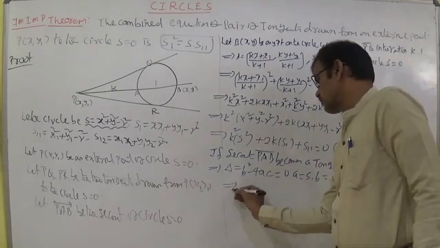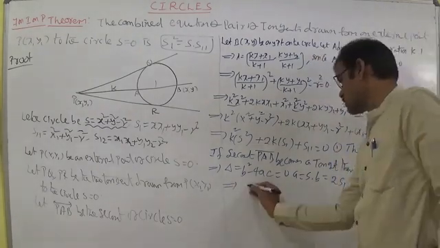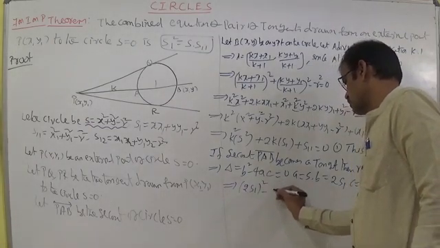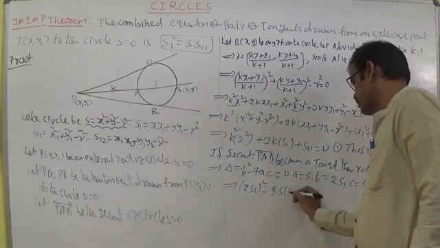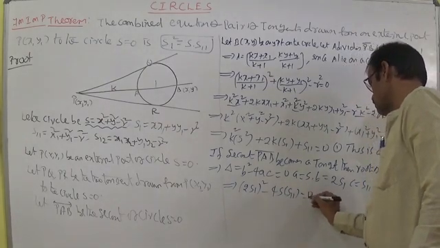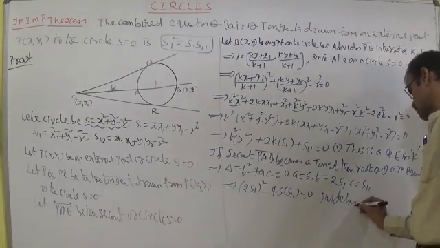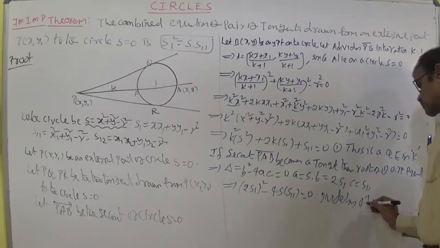Now using the definition b square minus 4ac equal to 0, you can write (2S1) whole square minus 4 into S into S11 equal to 0. Now divide by 4 both sides.